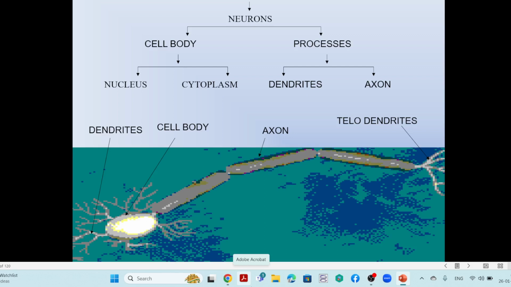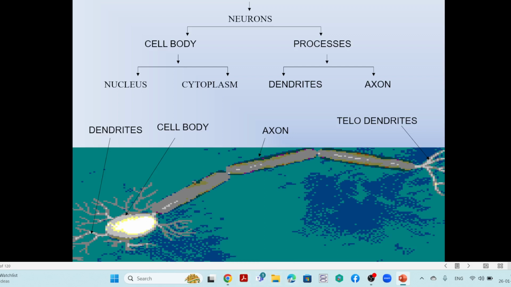They are dendrites and axon. Usually the dendrites are short processes and the axon is a long process. The dendrite is a short process from the cell membrane, that is the cell body, and the axon also arises from that cell body and it is a long process.